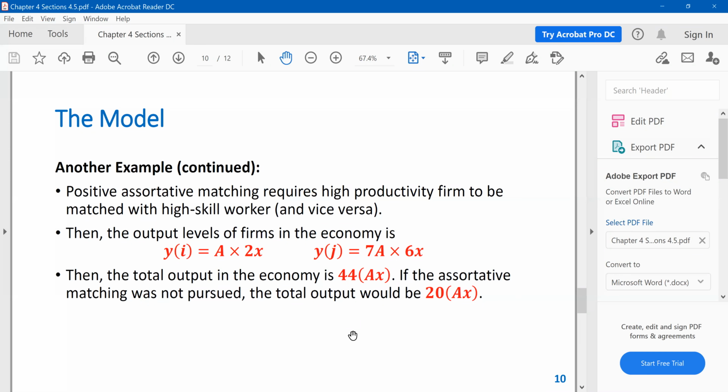If I work in management, possibly I have higher productivity. And if the firm has a research division, possibly my productivity is highest when I work in the research section. So there are many different ways that this positive assortative matching would apply.